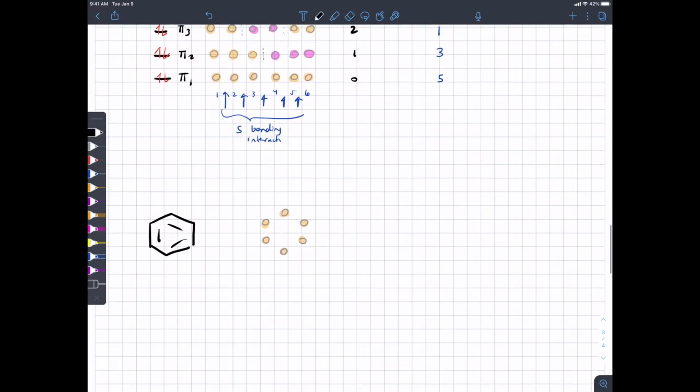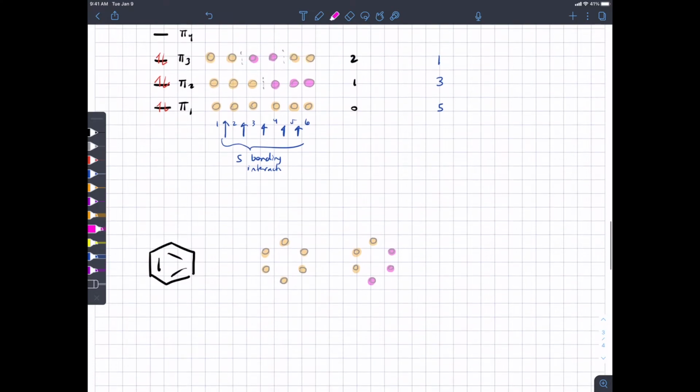And actually, we can do this for the pi 2 orbital as well. Let's just make a ring. 2, 3, 4, 5, 6. Okay? Now, let's count the number of bonding interactions we have in, we're going to call this orbital pi 1 as well.